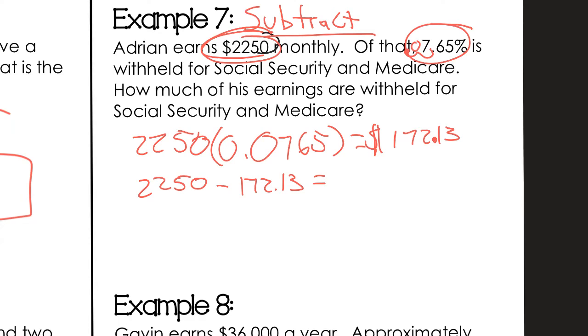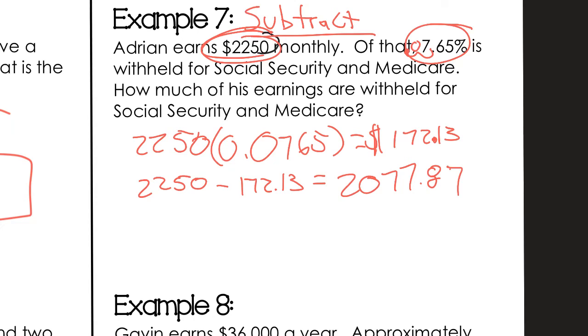We could do this in our head, but it's a little bit tricky, but probably better off doing it the long way or with the calculator. If I use the calculator, I end up with a take-home pay of 2,077.87.